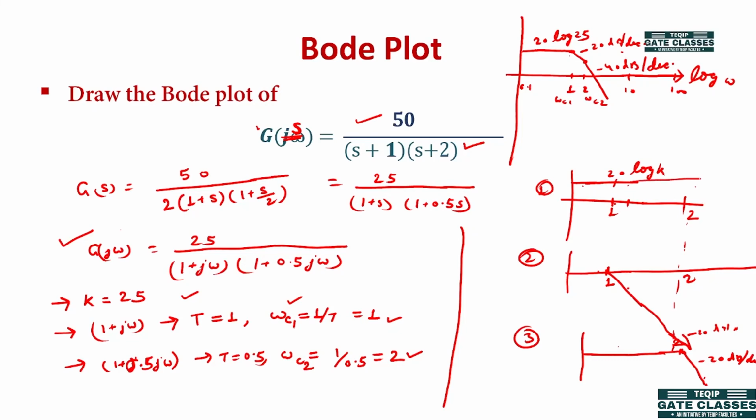This value is still increasing till infinity. Okay, so again these two slopes will be added and the slope would become minus 40 dB per decade. So this is how we draw the Bode plot for magnitude, and next we can draw it for the phase plot as well.